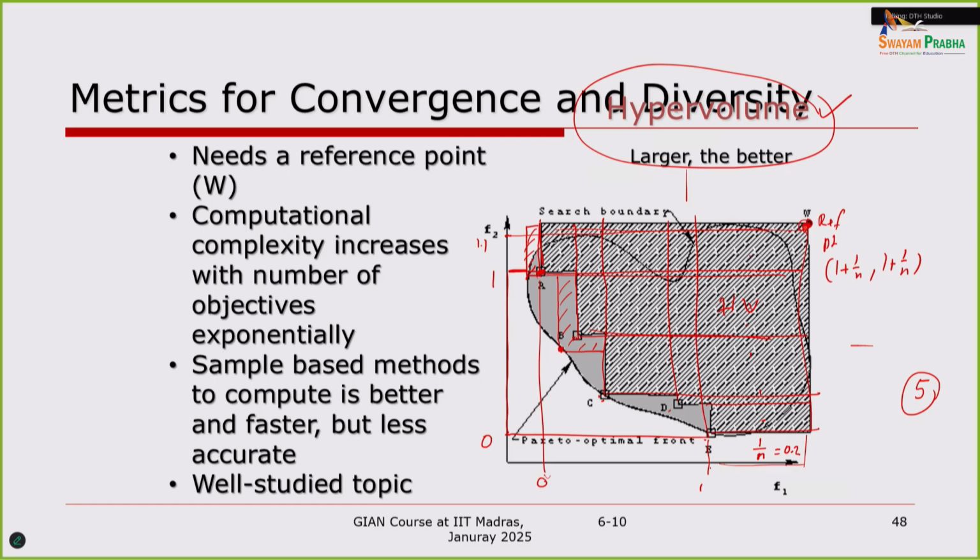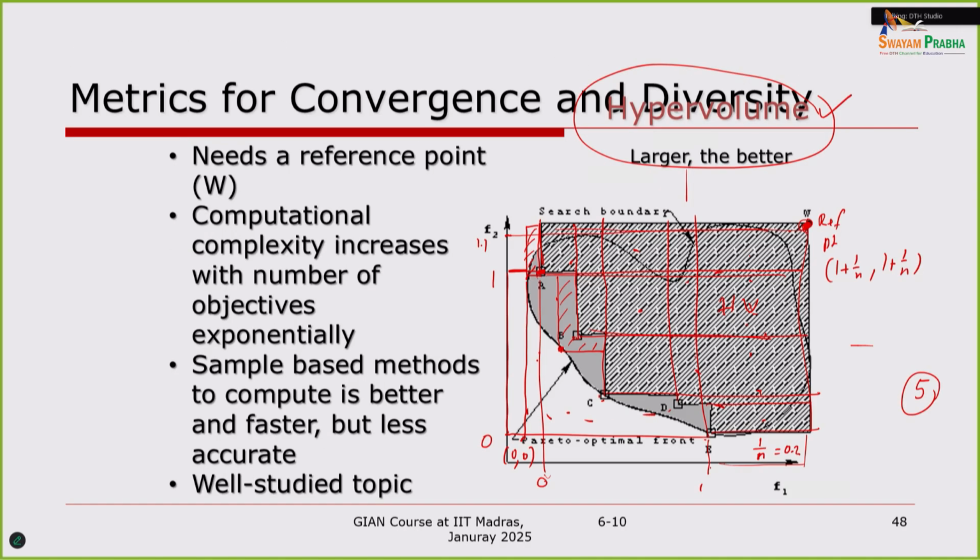What they do is, once you have this W, which is 1 plus 1 over n, 1 plus 1 over n, and this end is always 0, 0, 0, you have a square. In the case of 5 objectives, you have a 5-dimensional hypercube. You create lots of random points here.